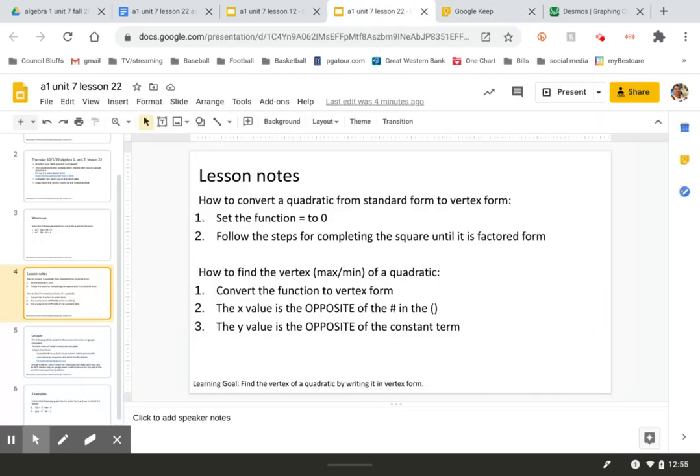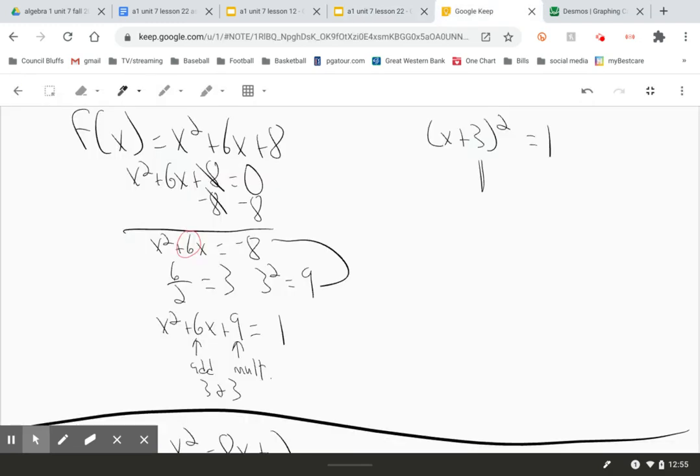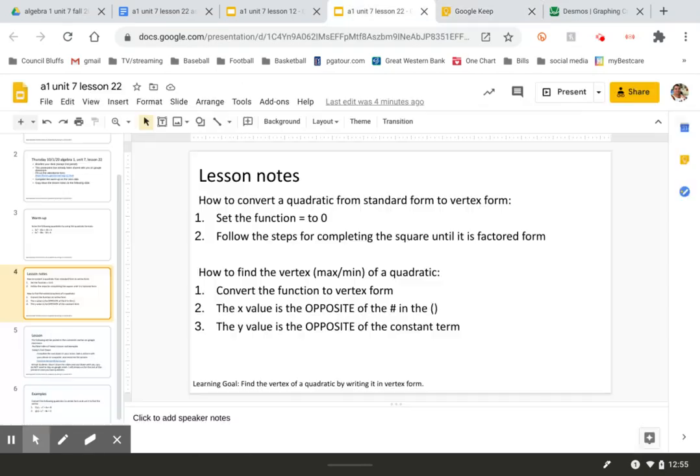Because remember, it says set the function equal to 0 and follow the steps for completing the square until it is in factored form. So this right here is called the vertex form. Now, the reason it's called the vertex form is that I can easily figure out the vertex from that.